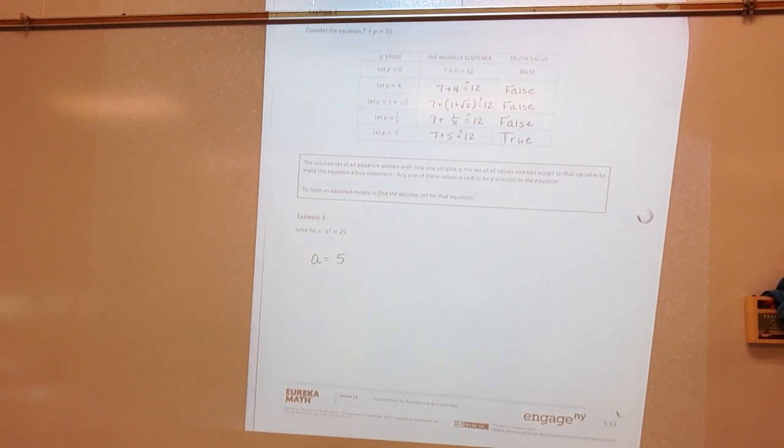But here's the funny thing about algebra. Guys, we don't only deal with positive numbers, we deal with negative numbers also. So, is there any other solution for this equation? What if I let a equal negative 5?